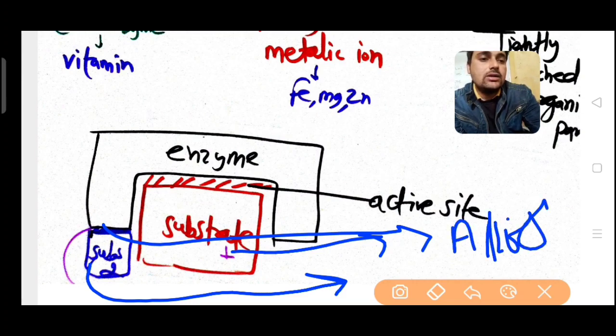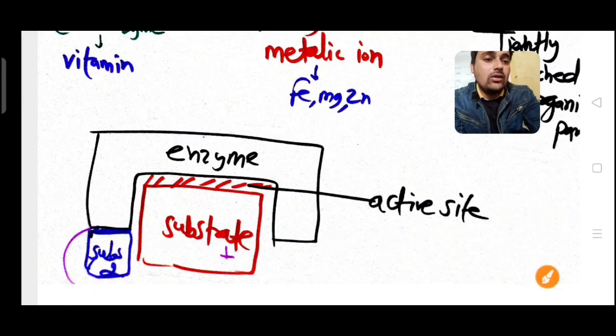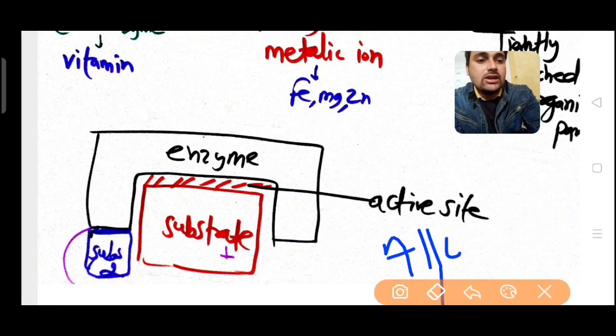The allosteric site is most important because many objective questions come from this topic. If you have an active site and your substrate is not binding on it but on another part of the enzyme, then we call that site the allosteric site.